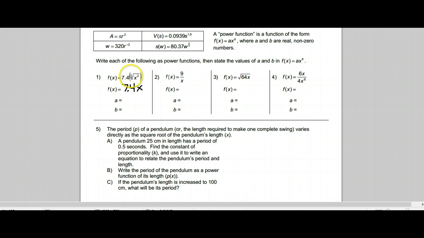And remember that your root is your denominator. So this would be to the 2/3 power. Okay, so then your a value is obviously 7.4, and your b value is 2/3.